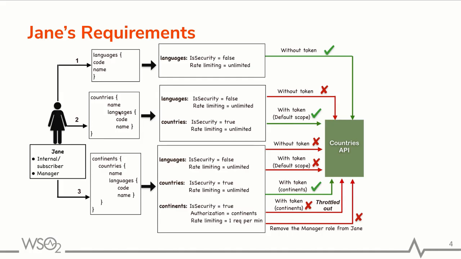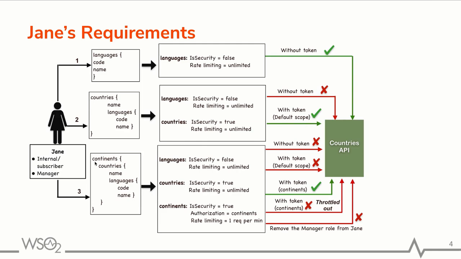As the second requirement, Jane needs to retrieve the name of all countries and the code and name of all languages in each of those countries. When Jane tries to invoke the API without a token, the request will fail as the countries operation has security enabled. The request is successful when providing the required credentials.